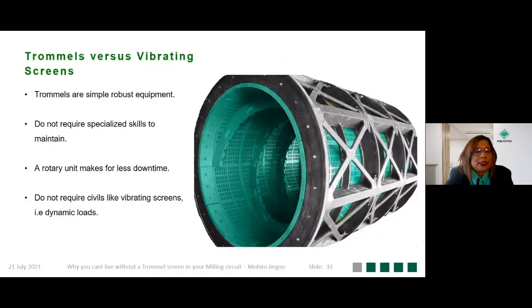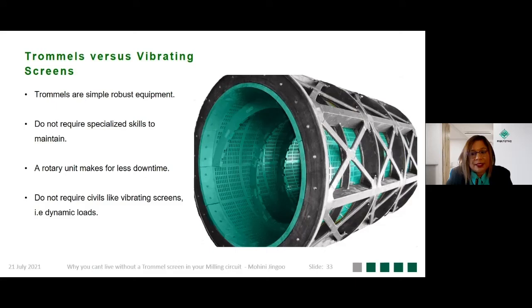Okay, let's look at a frequently asked question, trommels versus vibrating screens. When we compare the trommel screens to vibrating screens, some of the benefits of the trommels are they're simple, robust mechanical devices. In mill discharge applications, trommels take up far less space. They have high screening efficiency.